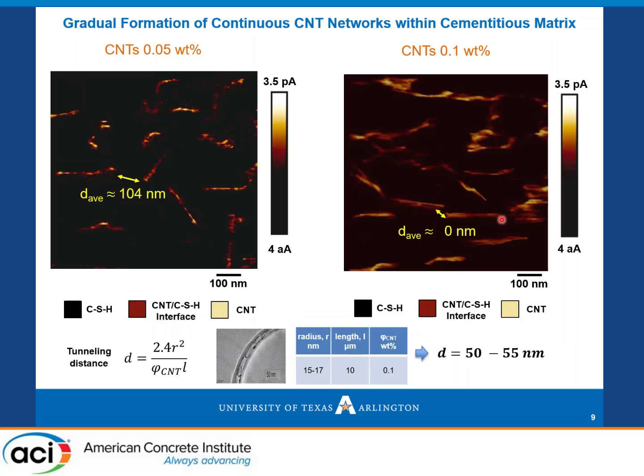We calculated from our current mapping here the tunneling distance, and we found an average almost close to zero. And almost zero tunneling distance means a continuous conductive network. That means that the electrons again pass continuously without the previously observed electron hopping mechanism.